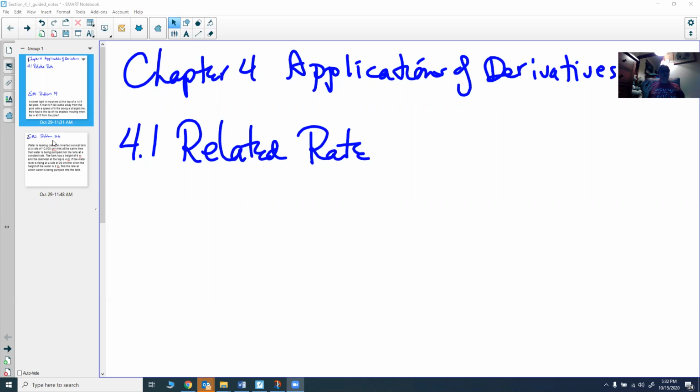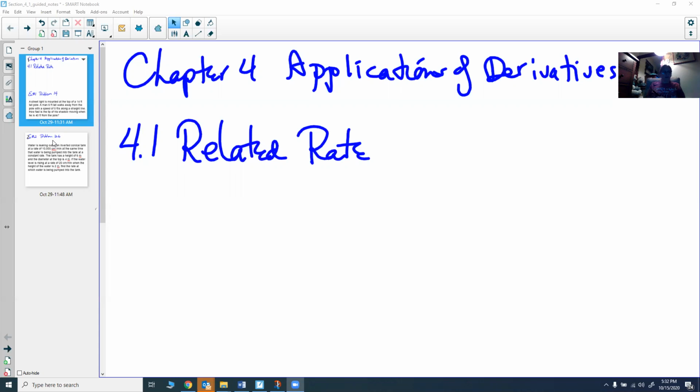We could find out how the radius is changing over time, but we might want to know how fast the area is changing over time. That's related to how fast the radius is changing, because area and radius are very related to each other.